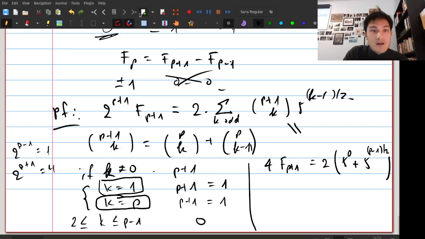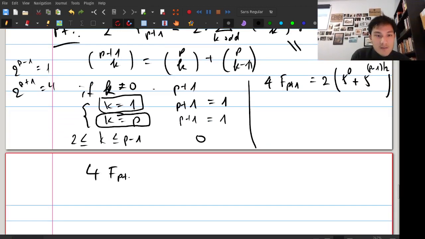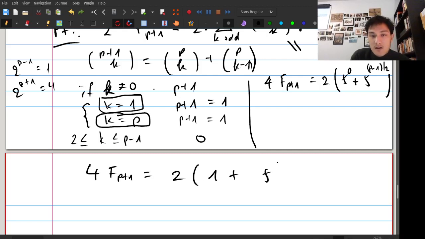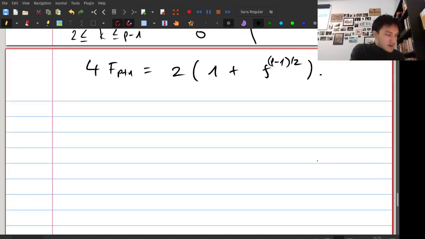Let's make a new page. So yeah, I'm just going to write this again. 4 f p plus 1 is equal to 2 times 1 plus 5 to the p minus 1 over 2. Okay, this is equal to the Legendre symbol, right?